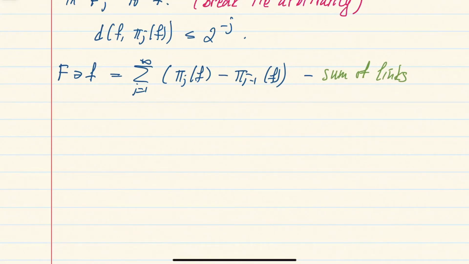Okay, and this is the main idea of Kolmogorov's chaining method, to consider this multi-scale dyadic approximation of all the vectors in your set, and then represent your function as the sum of links when you go from one level of approximation to the next.